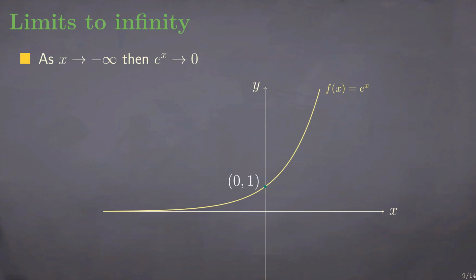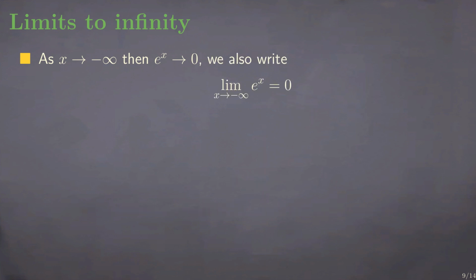Now let's take a look at limits when x does not approach some real number, but goes to either minus infinity or infinity. So for example, as x tends to minus infinity, the function e to the power x tends to 0. So in this case we say that the limit of e to the power x as x tends to minus infinity is 0.